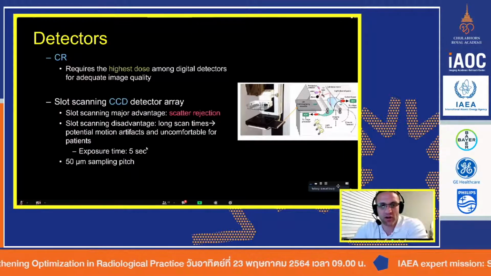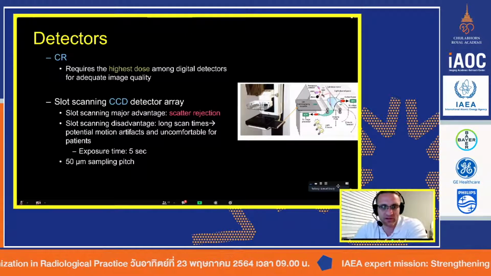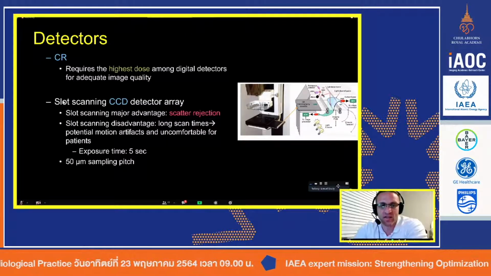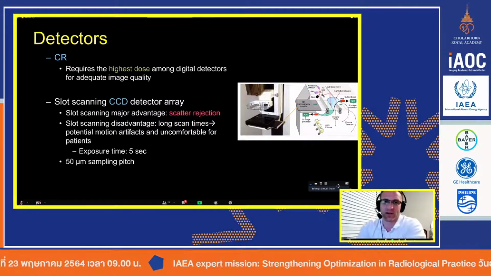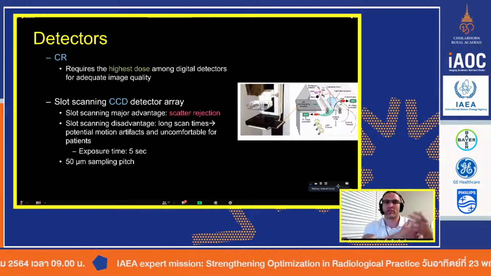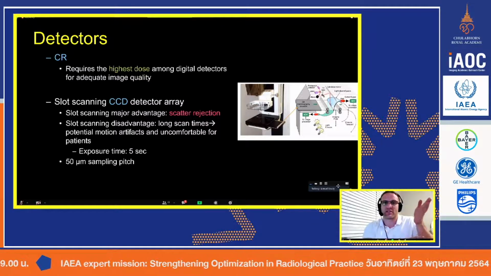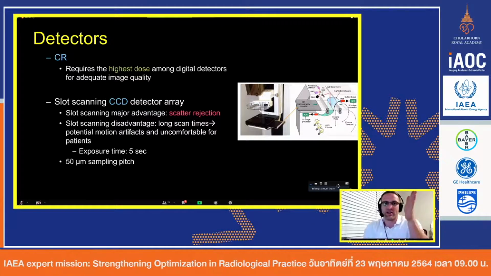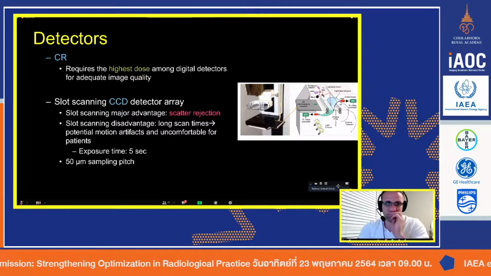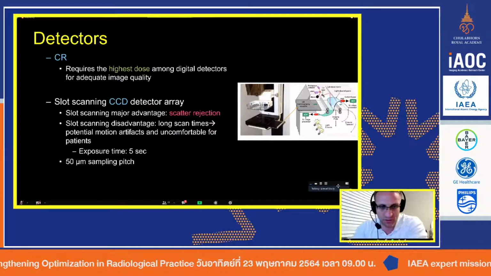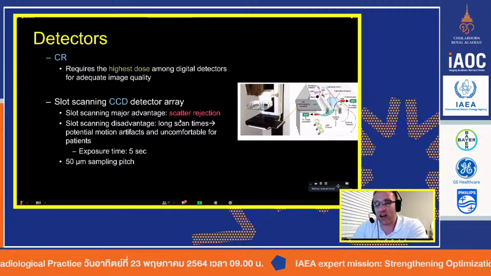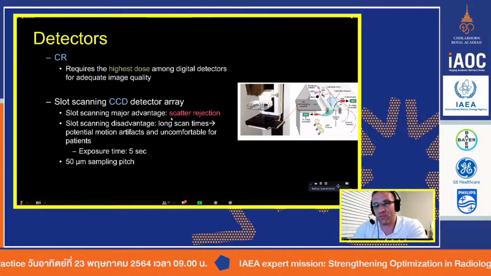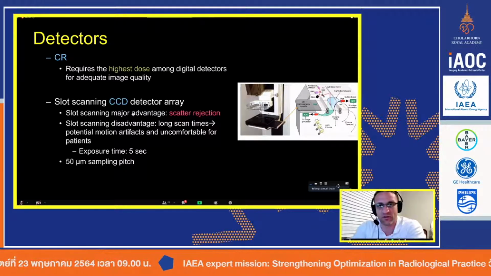Then there is a system out there, the sector, that does slot scanning, and that's where the detector and the tube will slide across the body. Well, not the body, across the breast. So if you're doing a CC, the breast is compressed in a CC, it's going to slide across like this. Obviously, it'll do the same thing in MLO mode. The system produces really good scatter rejection because it has a very narrow aperture, narrow collimation.